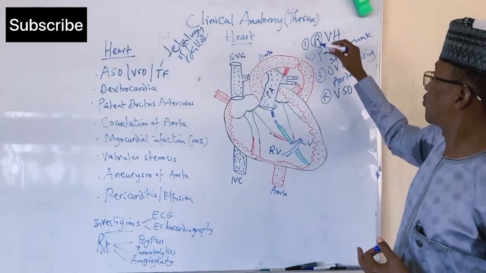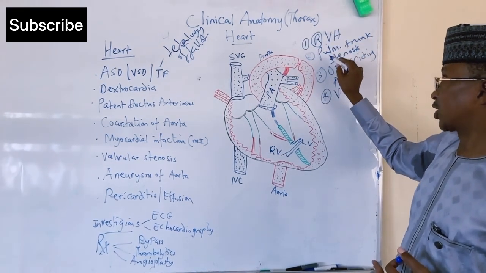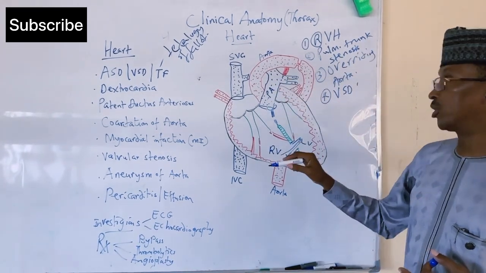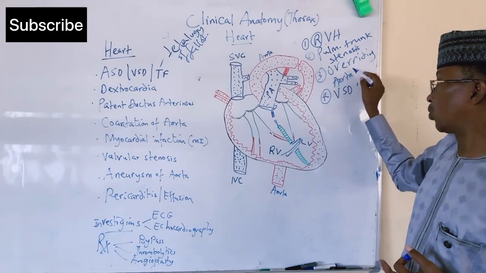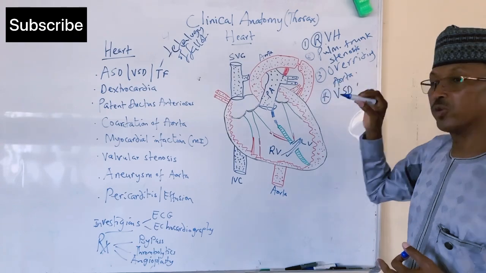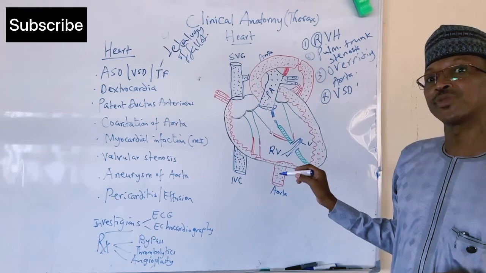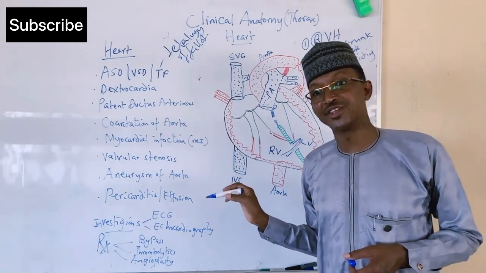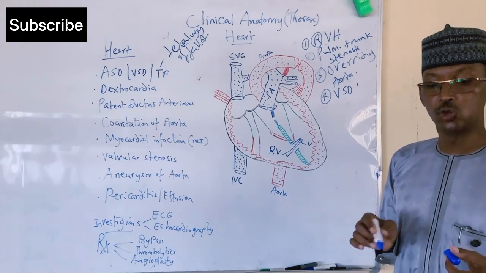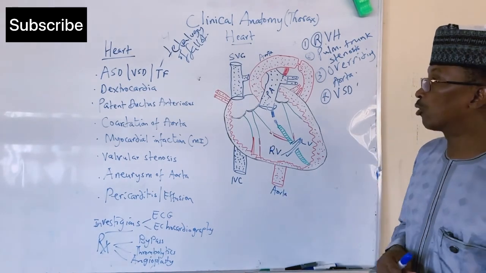We have 4 conditions: right ventricular hypertrophy as a result of the pulmonary stenosis, which is narrowing of the pulmonary trunk; overriding aorta opening in between the right ventricle and the left ventricle; and the ventricular septal defect. This is one of the cyanotic heart diseases children are born with. When you go to the clinical side, you will see some small babies born with this kind of condition.